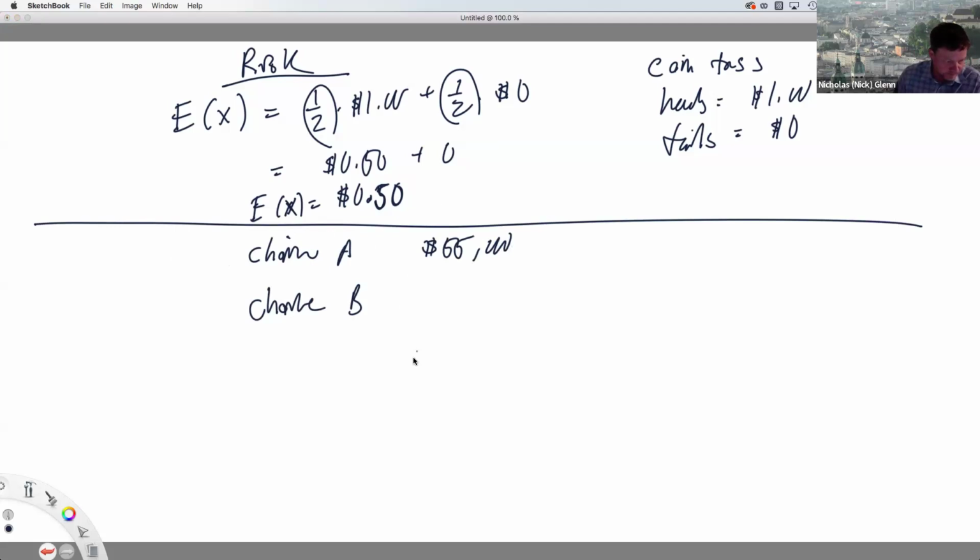Choice B, you do a coin toss. If it's heads, you get $100,000. If it's tails, you get $10,000.